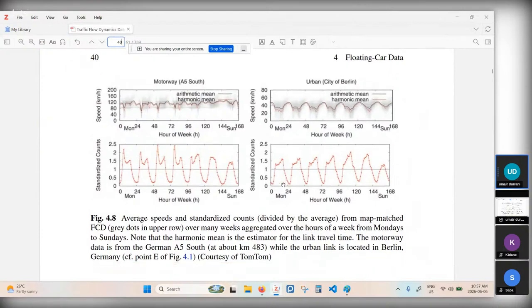Okay, figure 4.8. On the top of figure 4.8, we have the speed on the y-axis and hour of week on the x-axis. So on a given day and in a given hour, we can get data from multiple floating cars and we collect that data. Those data points are shown here as the gray points, which are not very clear.